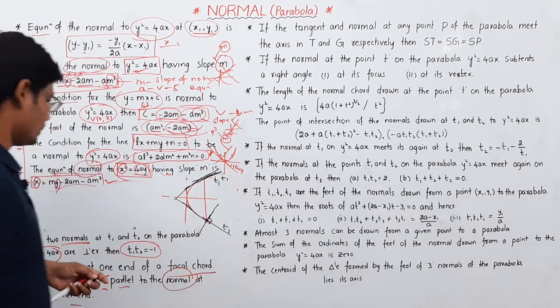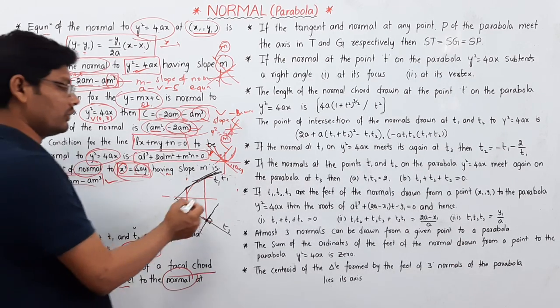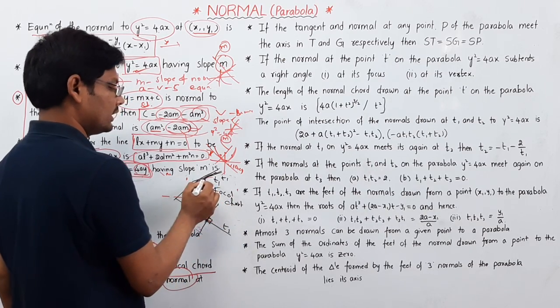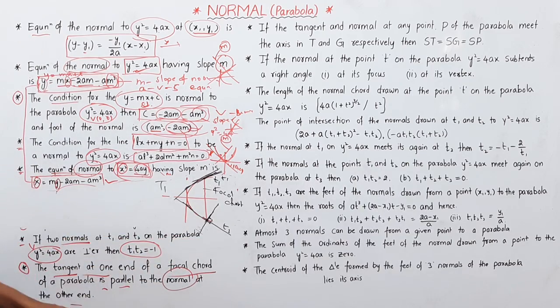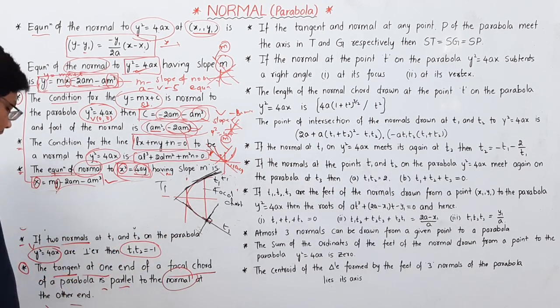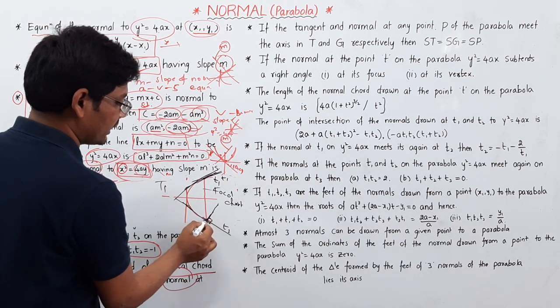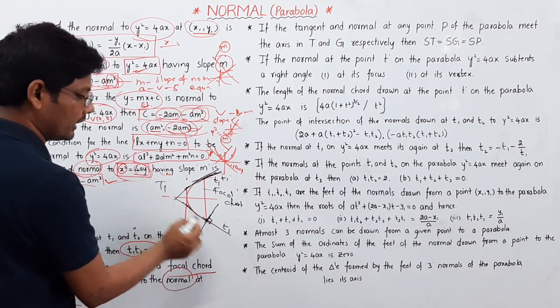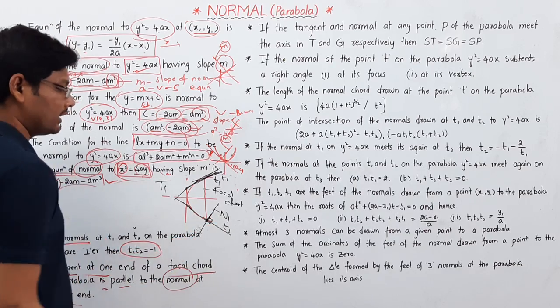So understand the point here. The tangent at one end of the focal chord, this is the focal chord. If we draw a tangent at one end, that is T1. At the other end of the focal chord, if you draw a perpendicular line to the tangent, that is nothing but the normal.